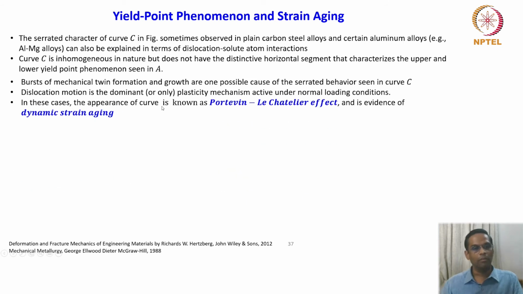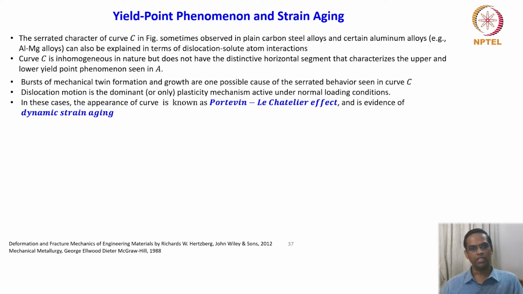In these cases, the appearance of curve C is known as the Portevin-Le Chatelier effect, and this is evidence of dynamic strain aging. Okay, so this particular serrated flow exhibited by the stress strain curve is a phenomenon called dynamic strain aging.